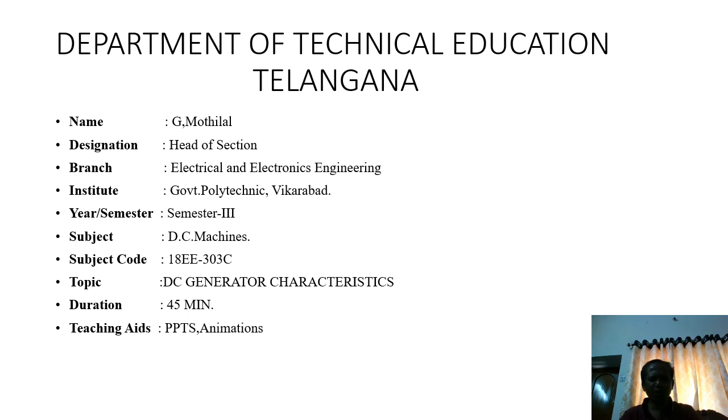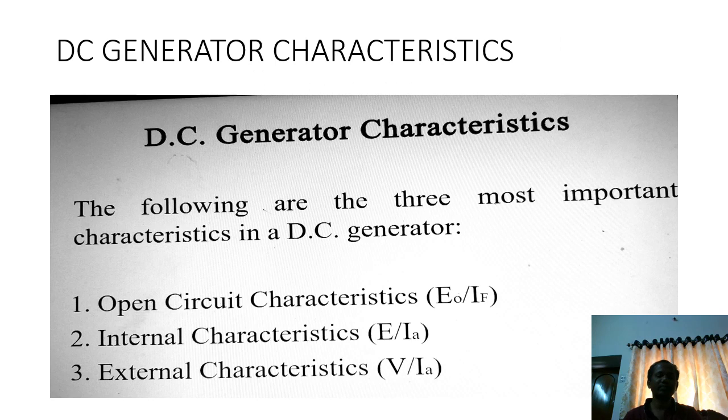Once you want to learn the performance of DC generators, you must draw the characteristics. Once you draw the characteristics, you are learning the entire DC generator function. DC generator characteristics.